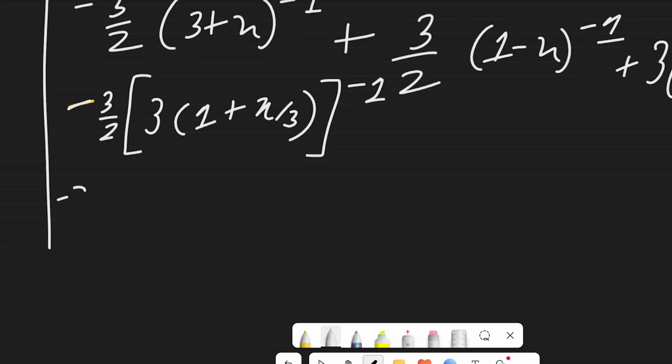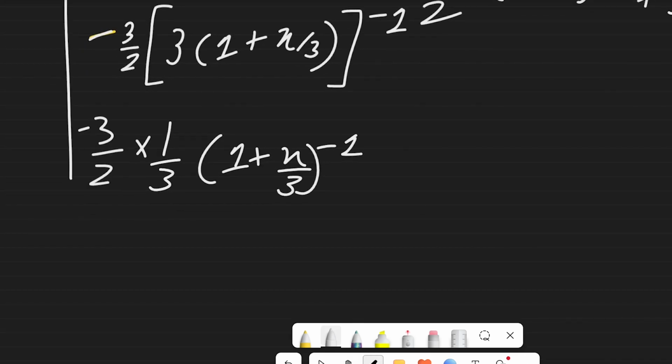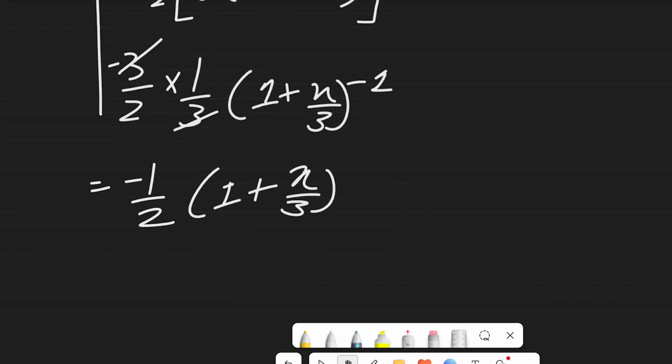Okay, next up what we will end up getting would be 3 power minus 1, which means 1 over 3, times 1 plus x over 3 whole power minus 1, and minus 3 over 2 times 1 over 3, this would cancel out. Okay, it would be minus 1 over 2. Okay, it is equal to minus 1 over 2, 1 plus x over 3 whole power minus 1.